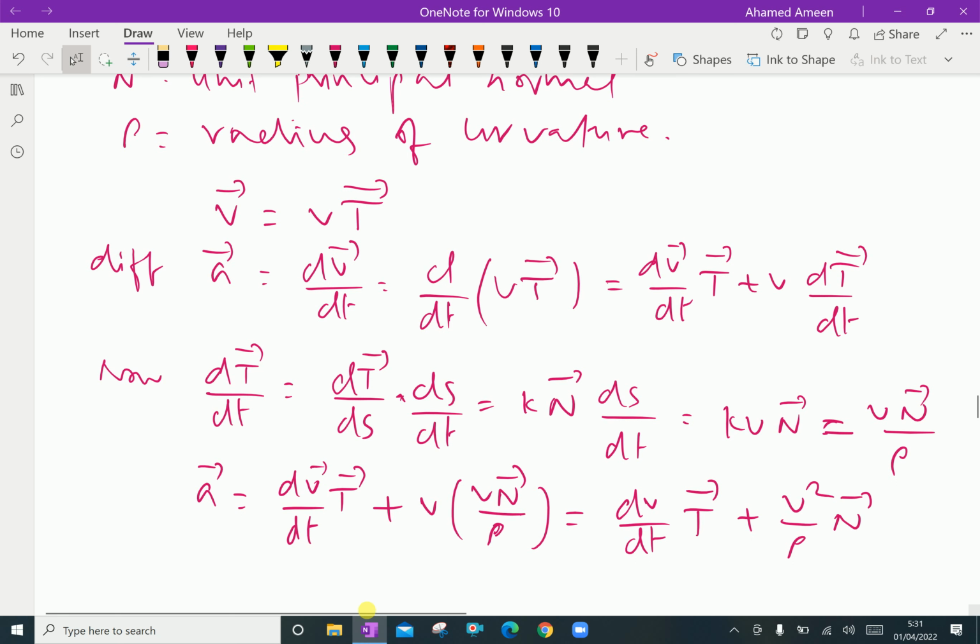This shows that the component of the acceleration is dv by dt in a direction tangent to the path and v squared over rho in the direction of the principal normal to the path.